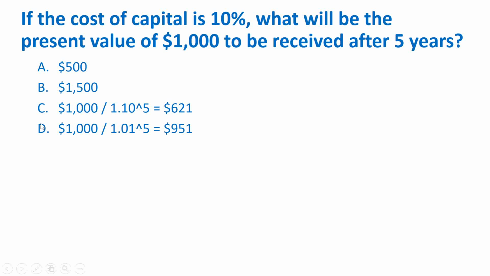The correct answer is the third one, because it's 10% interest. This is if it is 1% interest. So that's 621. So $1,000 coming after 5 years, if you surrender that to a bank, they will be willing to give you $621 only today. But if this was 20%, this number would be even less.